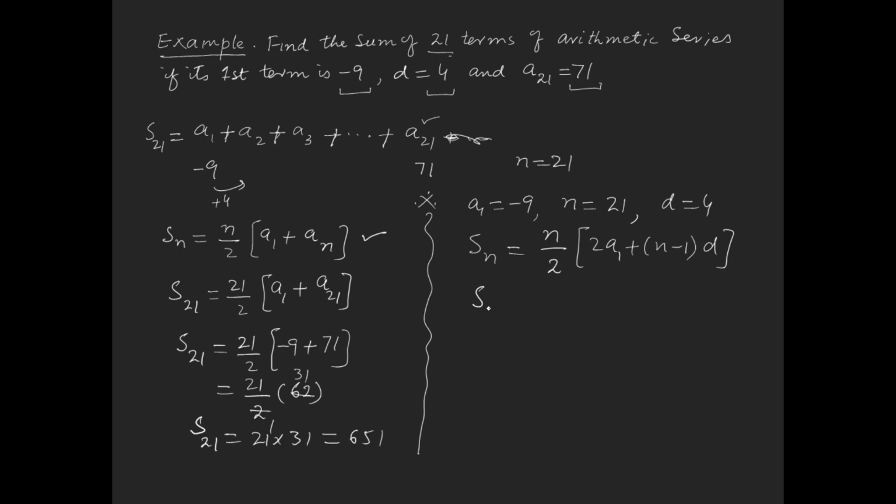Now putting the values, n is 21, so 21 divided by 2, times 2 multiplied by the first term, minus 9, and 21 minus 1 into d.